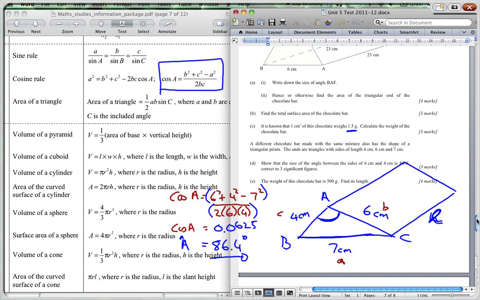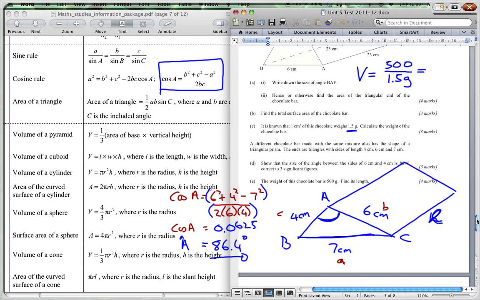So if the mass is 500 grams, I must take my 500 grams and divide it by 1.5, because it was 1.5 grams per centimeter cubed, and that will give me my volume.